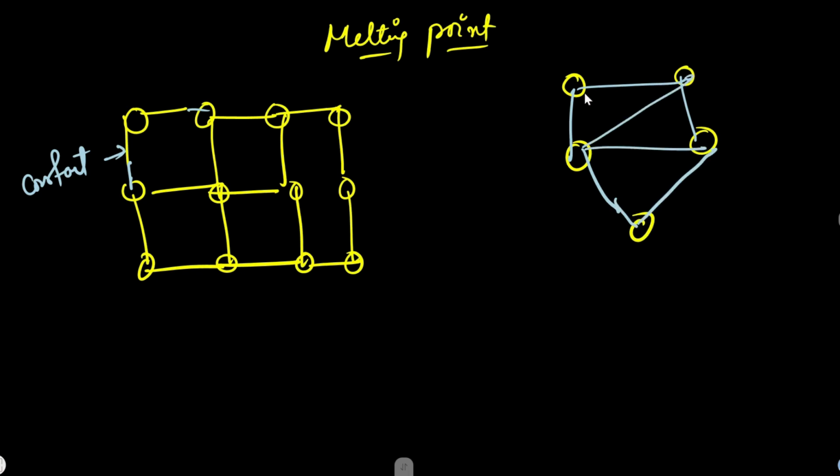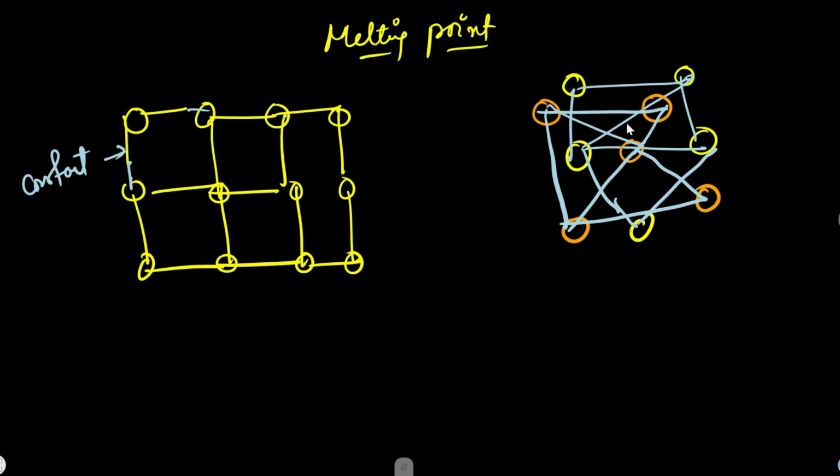If I see after 1 second, I will find that they have changed their shape, and this might have moved to a different position. Let's say this might have moved to this position, this to this. Now if I find the new position, this is the new position, and this means that the body has changed its shape.